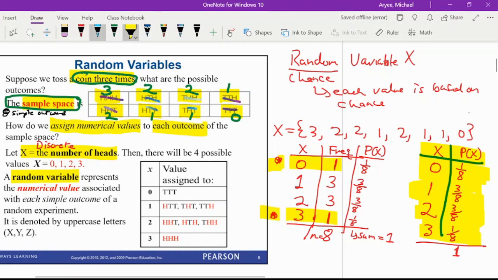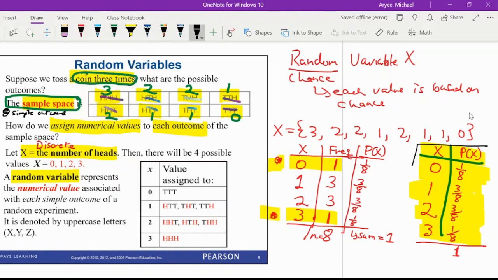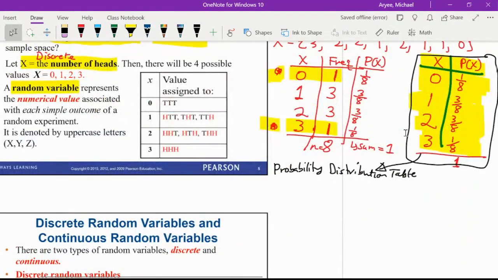This table is what we call a probability distribution table. So in the probability distribution table, what you see is a random variable and its corresponding probabilities.